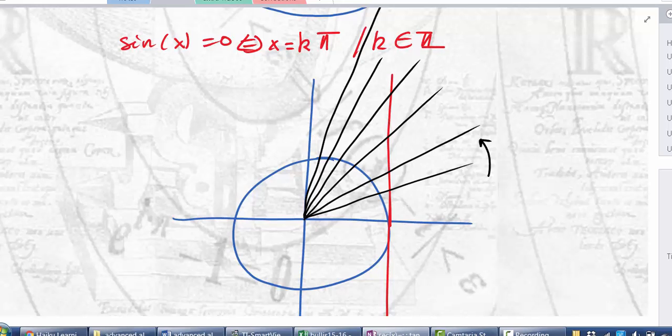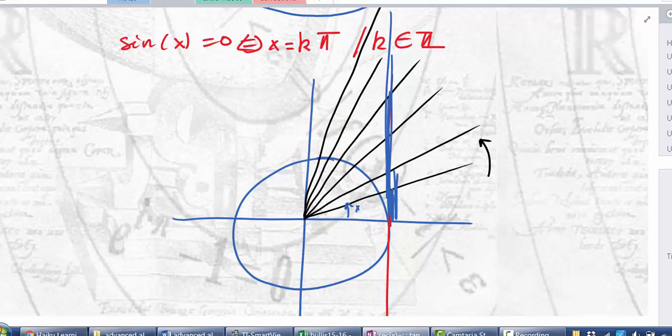Let's check out what happens to the tangent of x. This is x right there. Where is tangent x? It's represented by this segment right here. Here's the first one, here's the second, here's the third, and then the fourth, and you can see they're getting larger and larger.